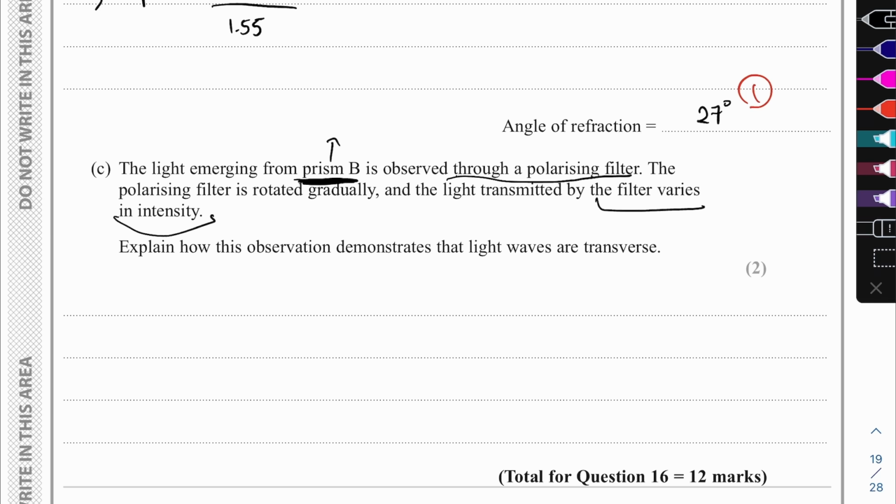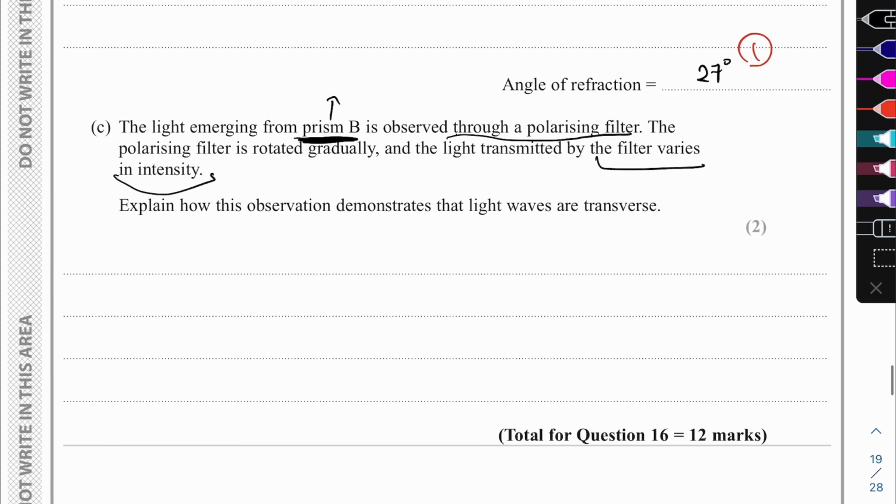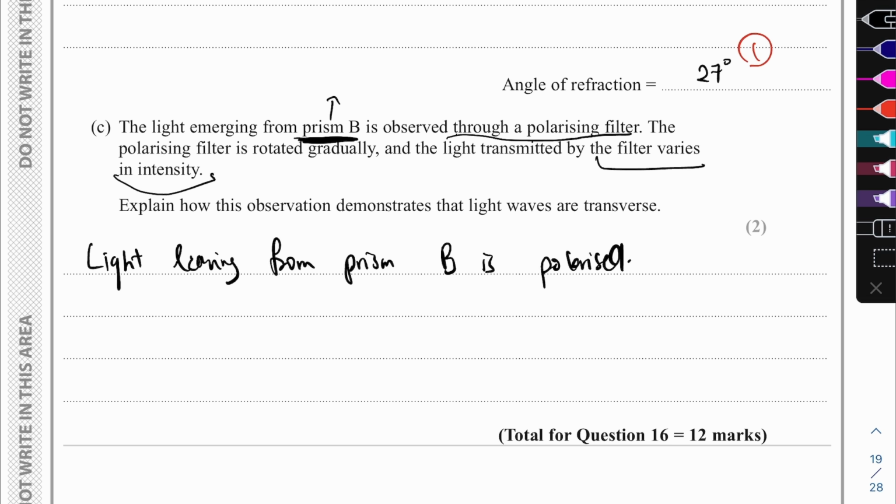So we need to state the obvious, and we need to state that light leaving from prism B is polarized. So that's our 1 mark, mentioning it's polarized.